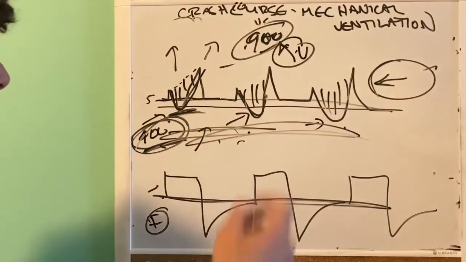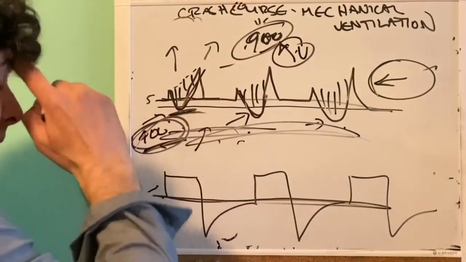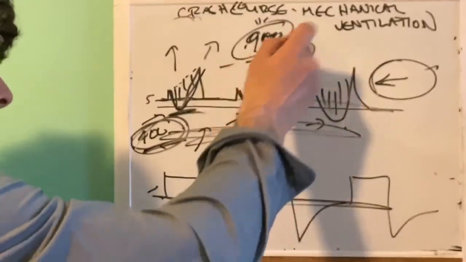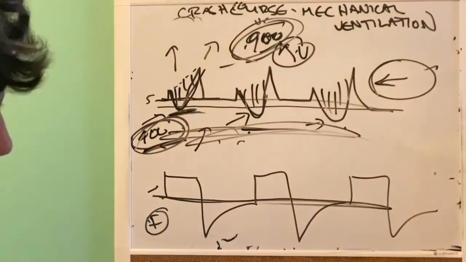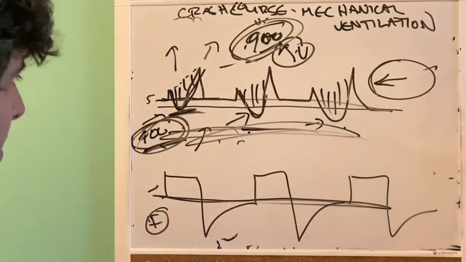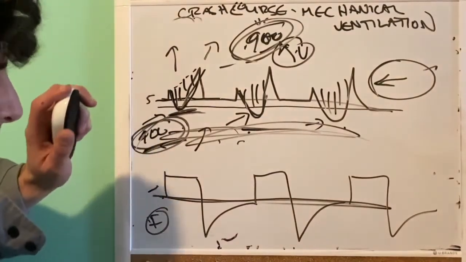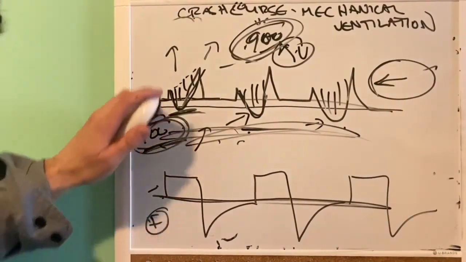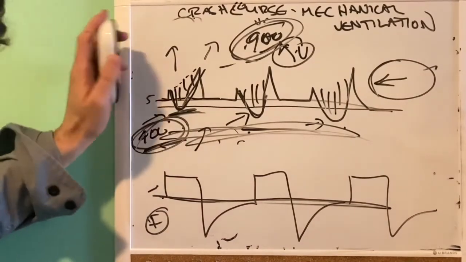My priority is to keep him neurologically intact and awake at the expense of injury which potentially could be caused by volume. So that's a primer into the next section. We're going to talk about what our priorities are and how to manipulate both ventilators.